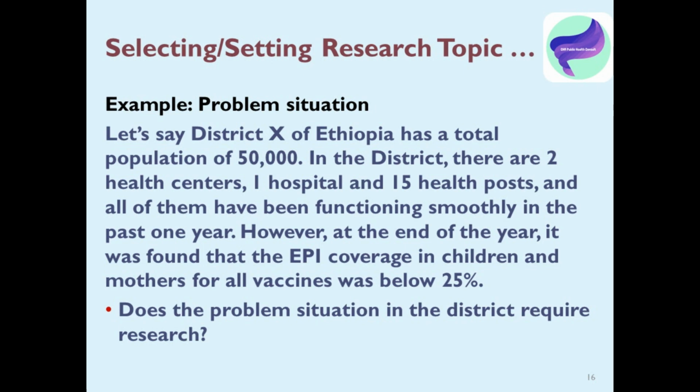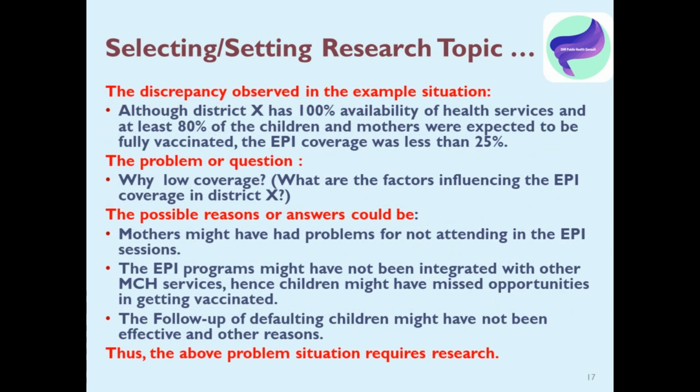To answer this question, we have to consider the 3 conditions which we saw in the previous slide. Based on the 3 conditions, the discrepancy observed in the example situation is that although District X has 100% availability of health services, and at least 80% of the children and mothers were expected to be fully vaccinated, the EPI coverage was less than 25%.